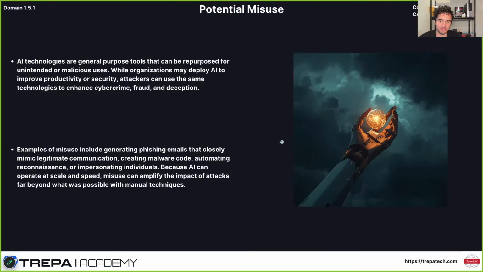Okay, potential misuse. AI technologies are general purpose tools that can be repurposed for unintended or malicious uses. While organizations may deploy AI to improve productivity or security, attackers use the same technology to enhance fraud and deception. And really the deception is the big one. Fraud as well, but with deep fakes and images, AI can get a little scary, making something look very realistic, and mimicking language, right?